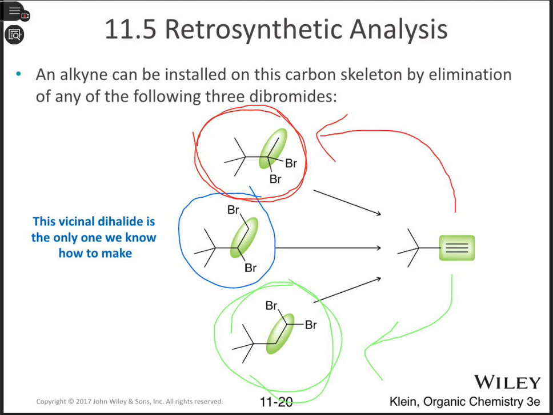So again, another thing to think about is if you can only make a certain molecule from the product you want, and then you make the product from that molecule, you're going in a circle, and that's another thing to consider. So I know most of you said the blue. Why the blue? Because I can make that molecule from an alkene.